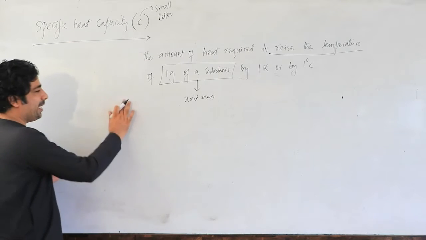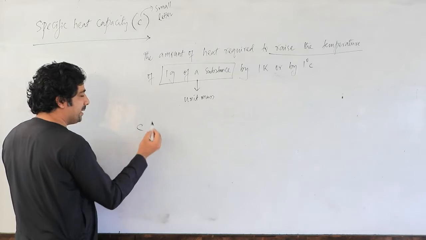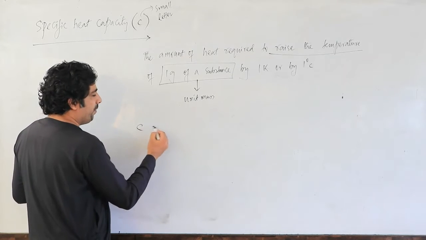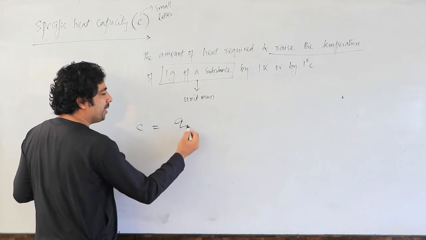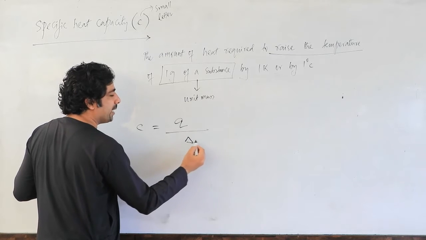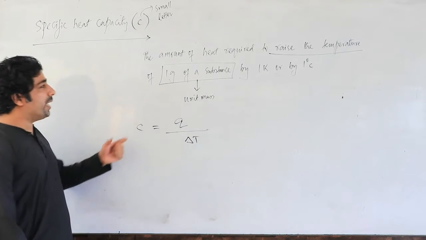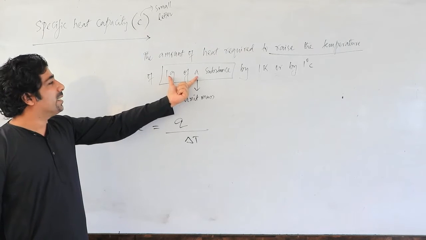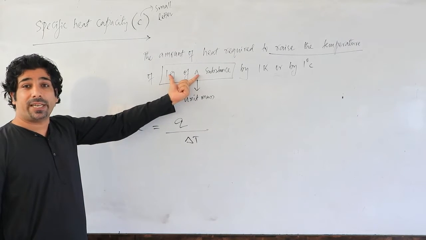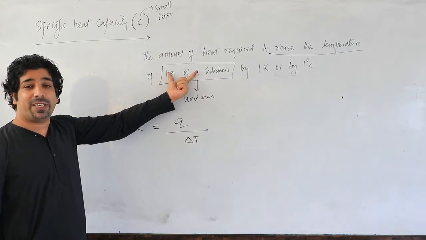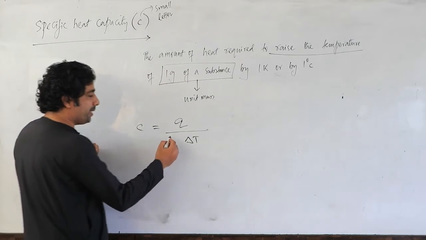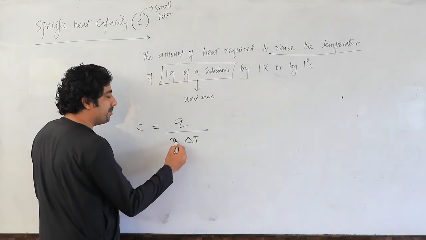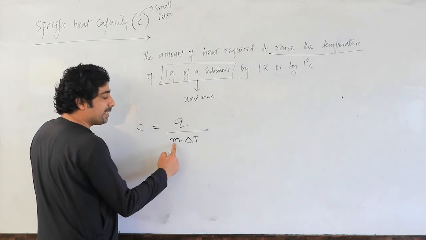So this specific heat capacity, we will take it as a small c. And we will write down the same expression, Q upon delta T. But we know that we have 1 gram of a substance. So mass of substance is already mentioned. So it's specific. So here at this point, we will mention M. And M will stand for the unit mass.